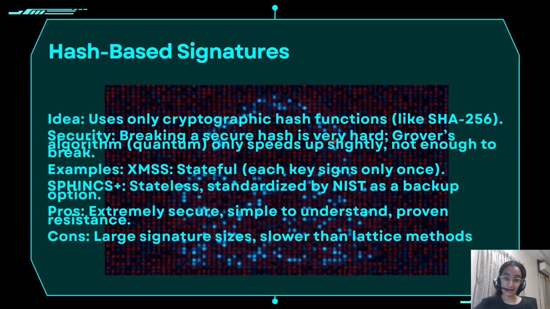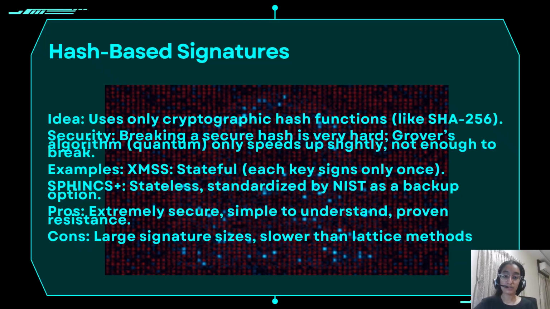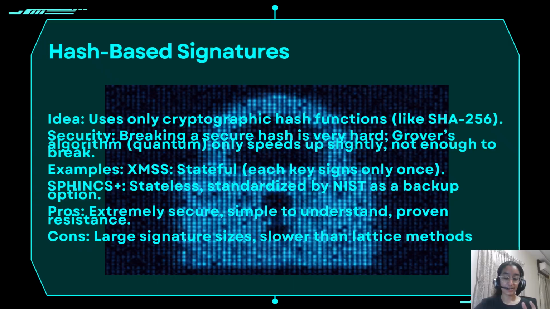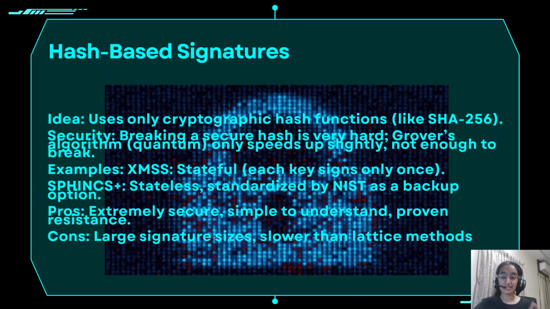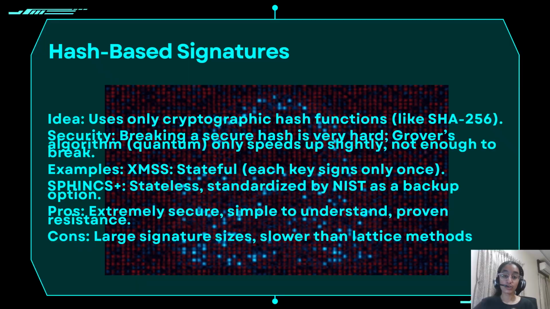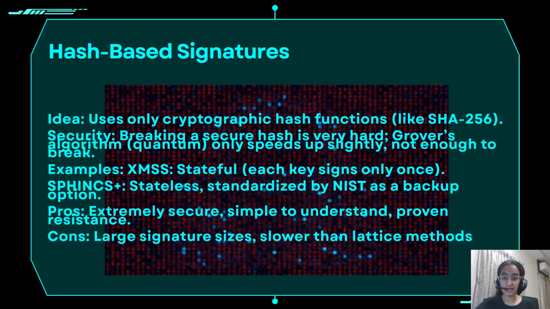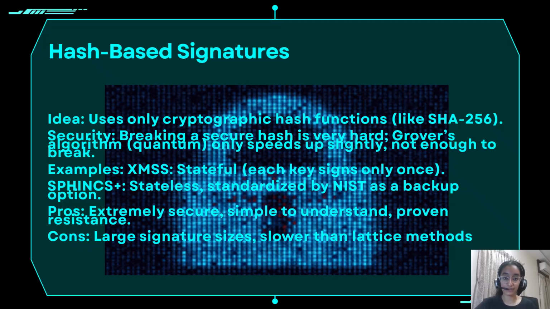So instead of relying on hard math problems like lattices or codes, these schemes rely on hash functions. Since hash functions are very well studied and widely trusted, this makes the system simple and secure. The core trick is to build one-time signatures using hashes and then organize them using a Merkle tree, a hash tree.